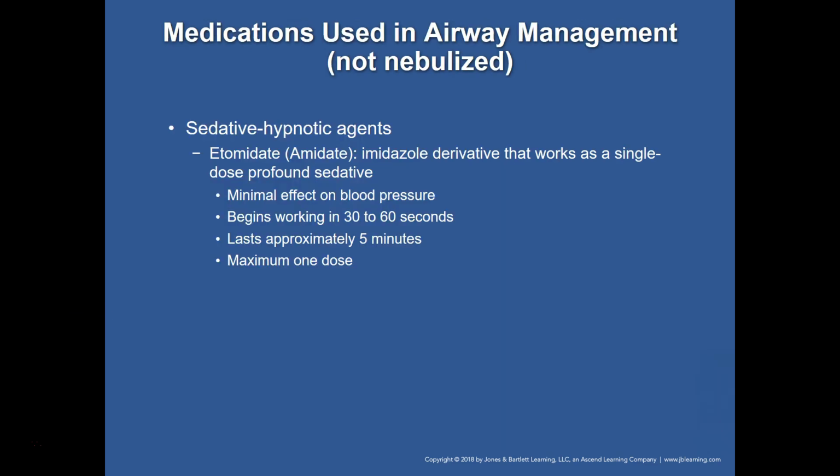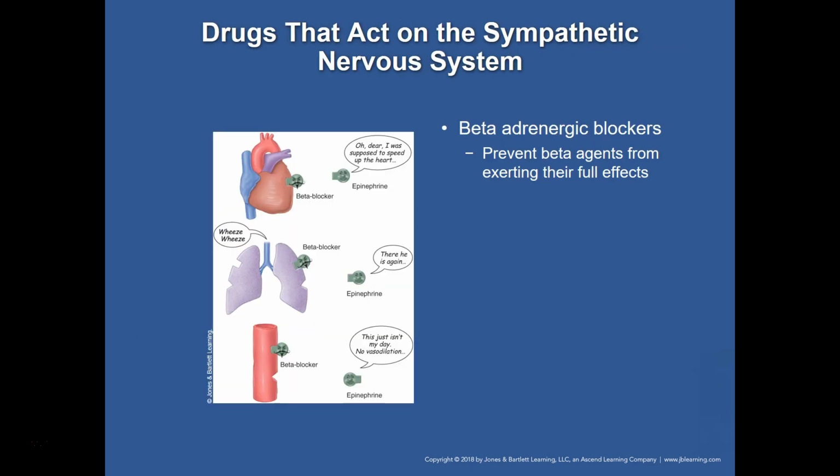Let me back up just a minute. Atropine, which we'll talk about a little bit more later, can actually be considered a sympathomimetic or a parasympatholytic. A lot of times it's looked at either way. Part of atropine's effect is to block the parasympathetic side more so than to stimulate the sympathetic side.